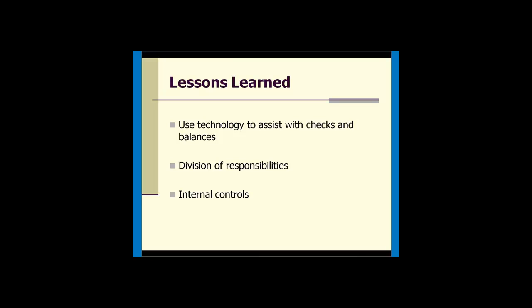The division of responsibilities is just key, and we have heard this over and over from James earlier and Mary Lee as well. One person can't be doing it all, or you're just asking for trouble. And your internal controls, again. If there's something you're going to come out of here with, it's going to be the internal controls. So is there anything else that you have, Carolyn, that you want to add?